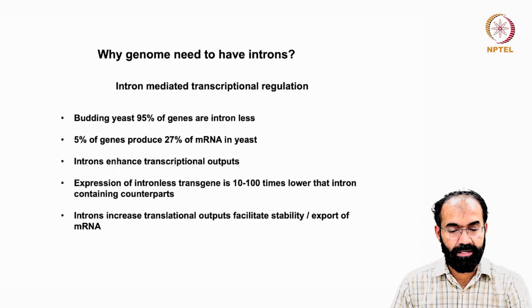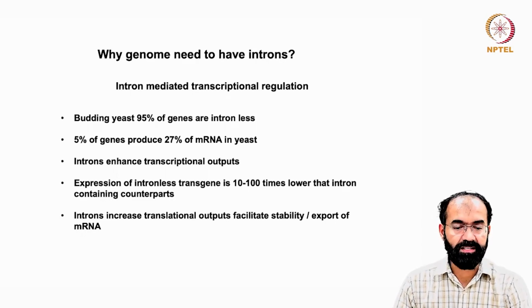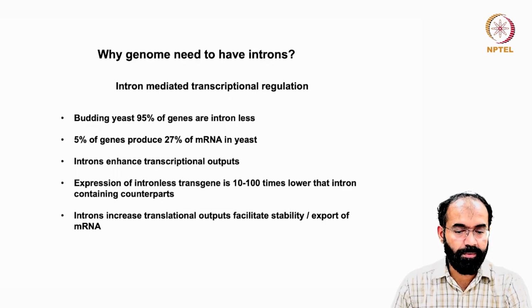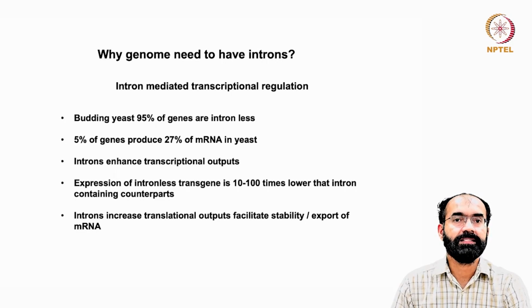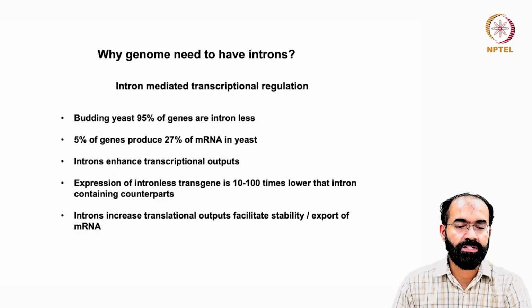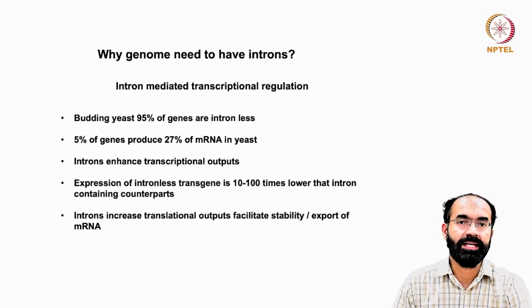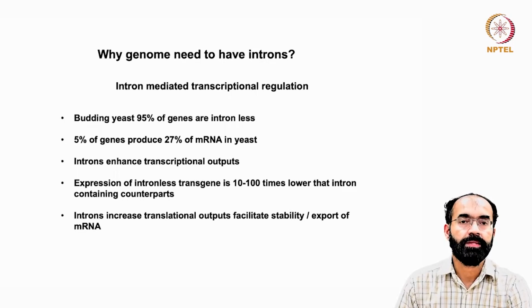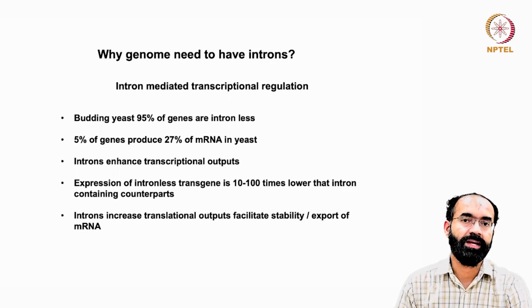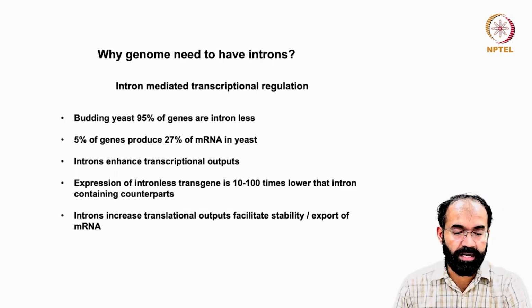This is something important you should keep in mind. 95% of the genes are intronless and 5% of the genes have introns, and it is important to note that 5% of the genes produce 27% of the mRNA in yeast, and this itself indicates that diversity is an important possible way that introns bring in.